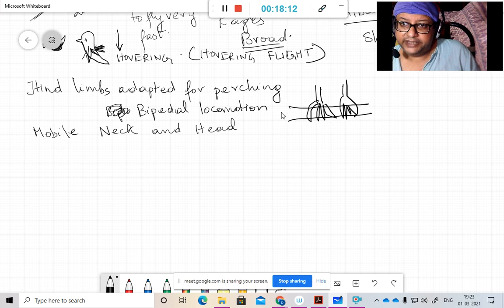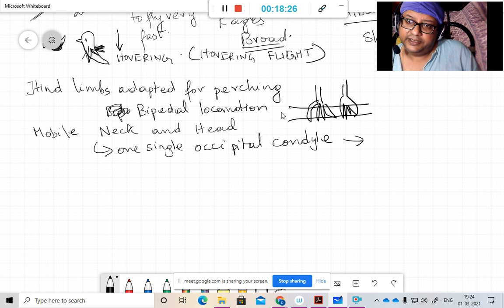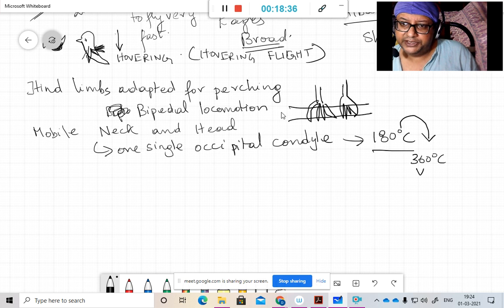They have got one single occipital condyle. Result is they can turn their neck 180 degrees, they can turn it completely backward. So if they can turn their neck 180 degrees, they have got a 360 degree vision. This is another adaptation.